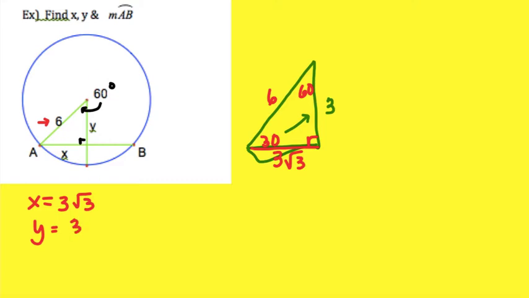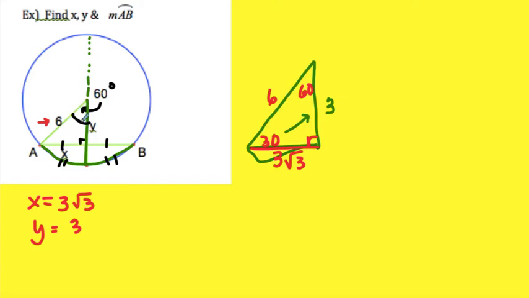But it also wants the measure of arc AB. And since this radius, if I just extend it, is part of a diameter, I can use the theorem that a diameter that's perpendicular to a chord bisects the chord and the arc.